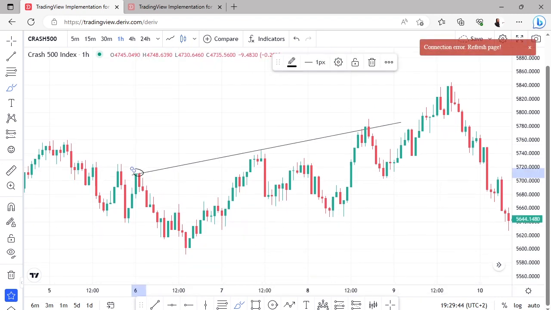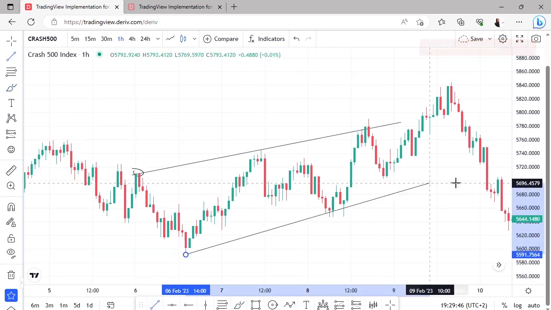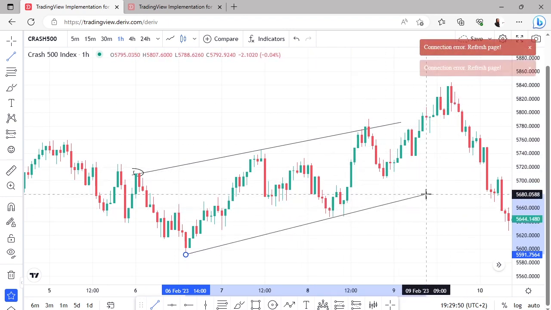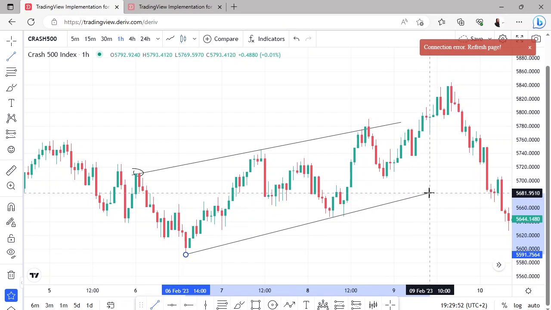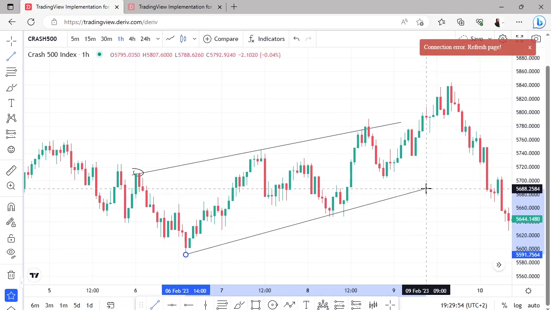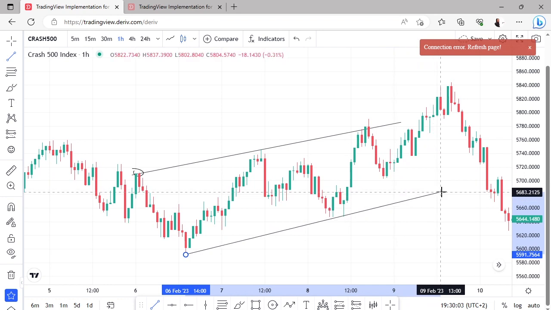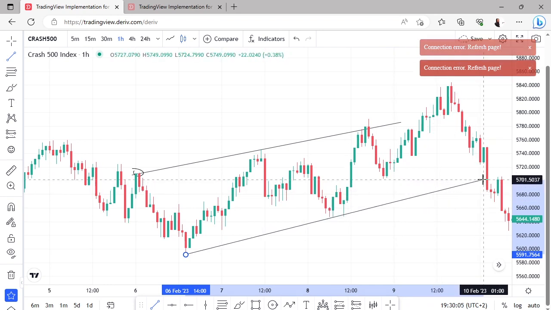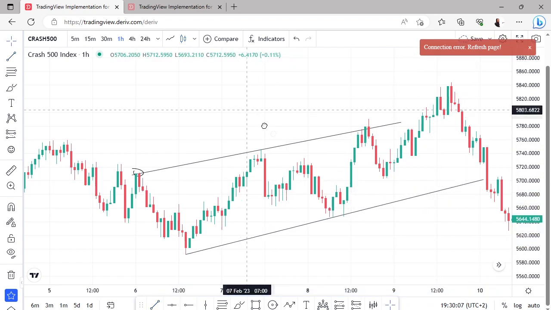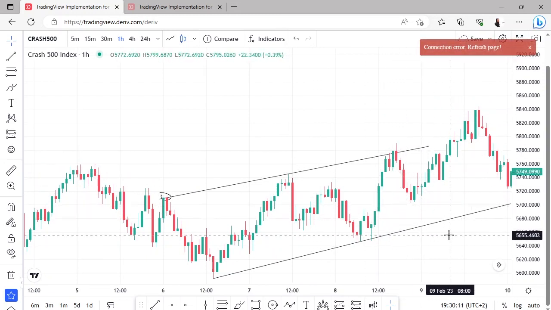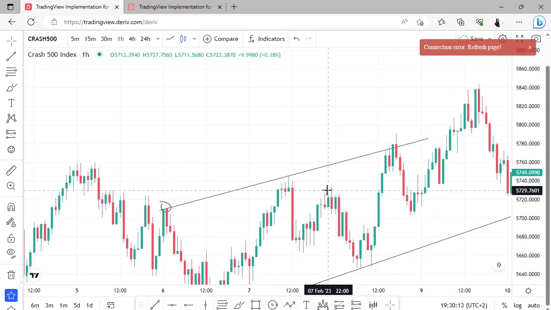Remember, I only showed you the buying side and the selling side from our diagonal resistance and our diagonal support in a selling market and in a buying market. So how to trade a diagonal resistance trend line in a buying market. This is how you can do it.